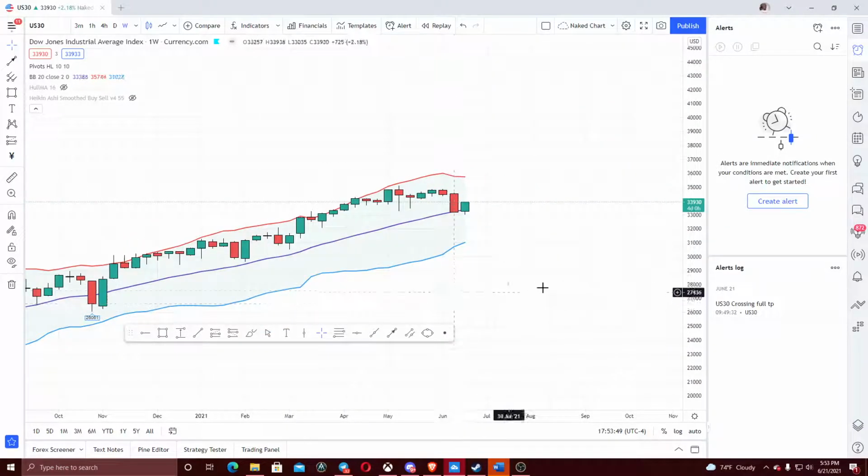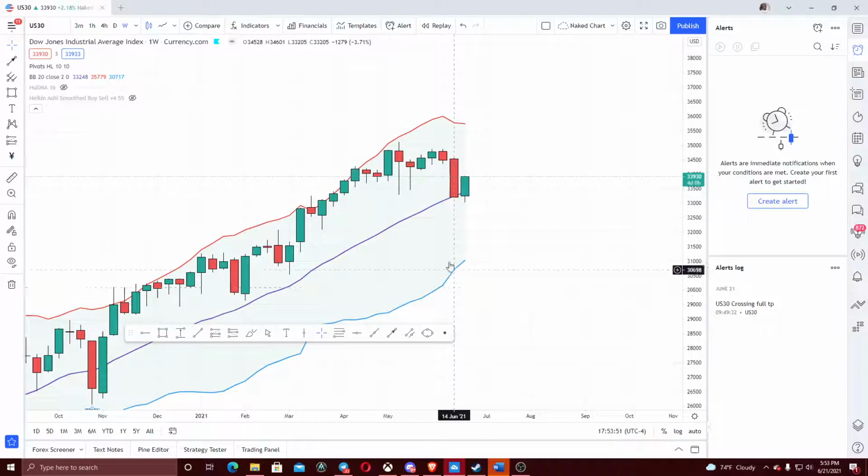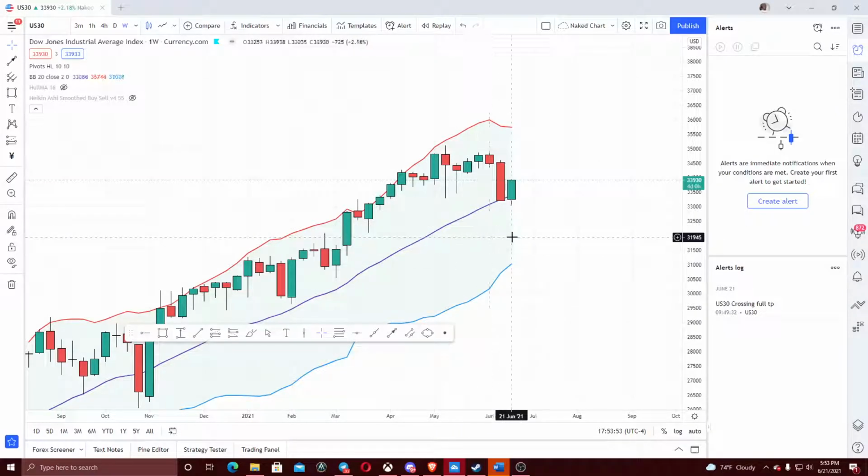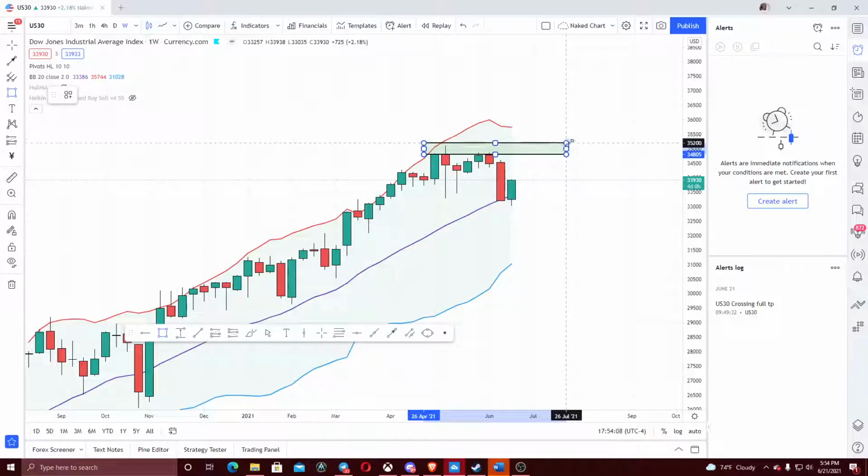Right, so basically I start around the area where we're currently at, and maybe I go back two months and just go ahead and draw out the zones.